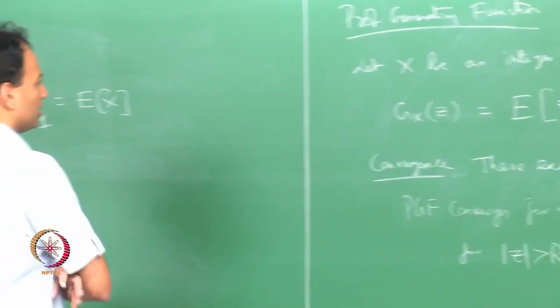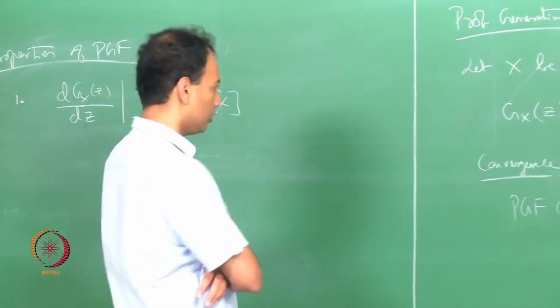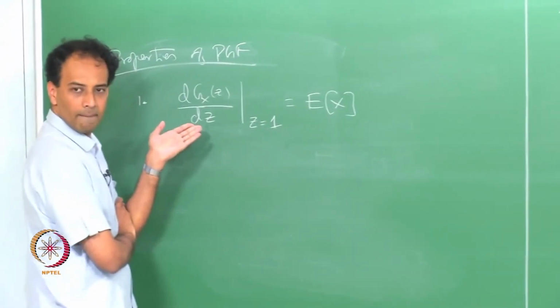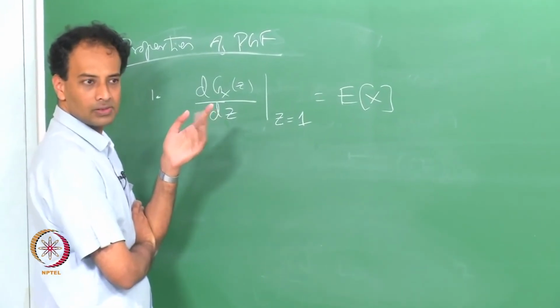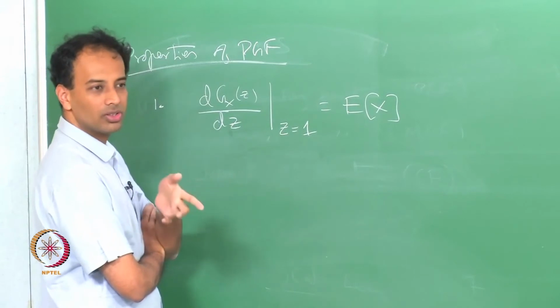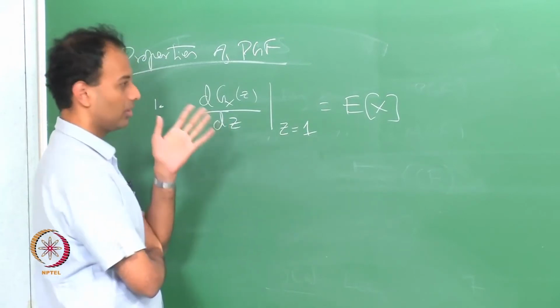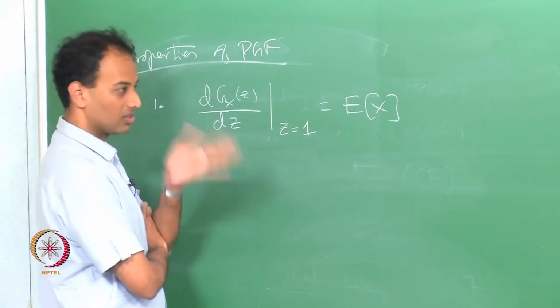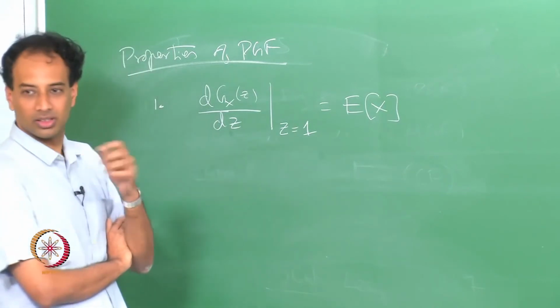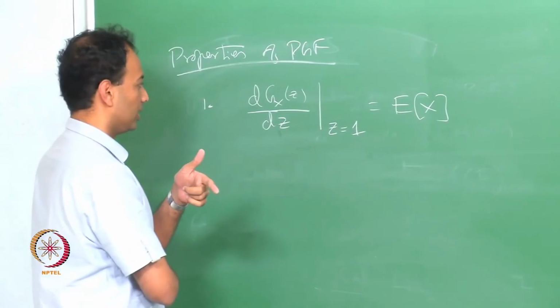So, what is the reason that this is true? First of all, does this derivative always exist? See, the region of convergence always includes the unit circle absolute z equal to 1, right.